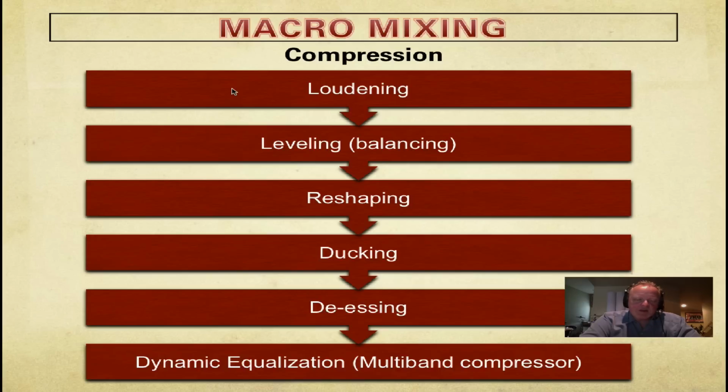And then last but not least, one of the most powerful tools in compression is a multi-band compressor. We also call these dynamic equalization because we're literally EQing by compressing. We don't cover this in this course because there is no multi-band compressor plugin in your Pro Tools setup, though there is one in Logic.